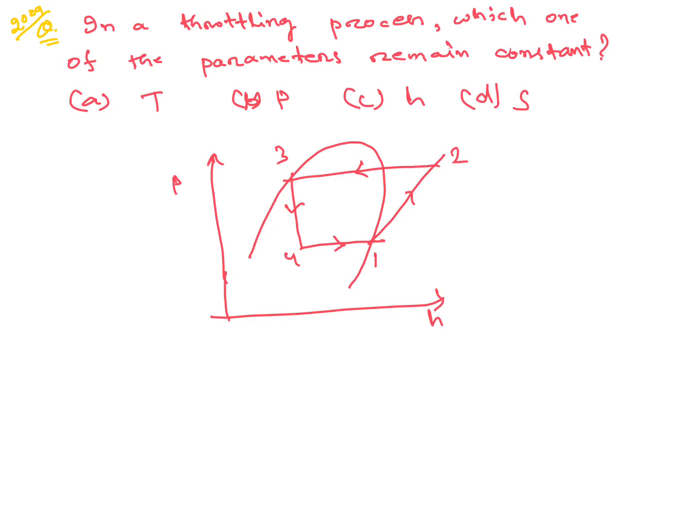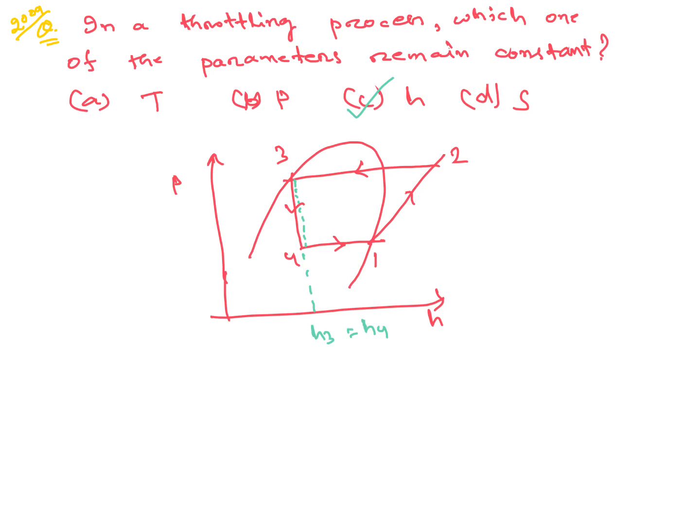Here 3 to 4 is our throttling process. 1 to 2 compression, 2 to 3 condensation, 3 to 4 throttling, 4 to 1 evaporation. Here enthalpy is constant. H3 equal to H4. Both points enthalpy is constant. So our option is C.